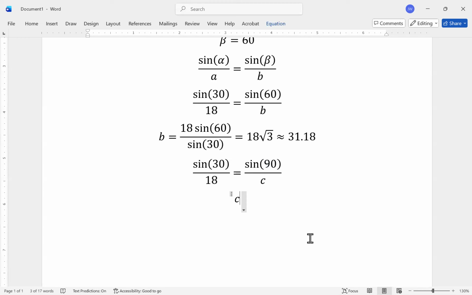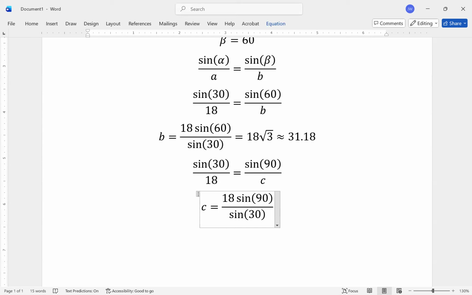And that gives me c is equal to, once I solve this, cross multiply and divide, 18 times the sine of 90 divided by the sine of 30. Again, if you wanted to do this by hand, you could if you knew the sine of 90. Sine of 90, by the way, is 1. And the sine of 30 is 1/2.